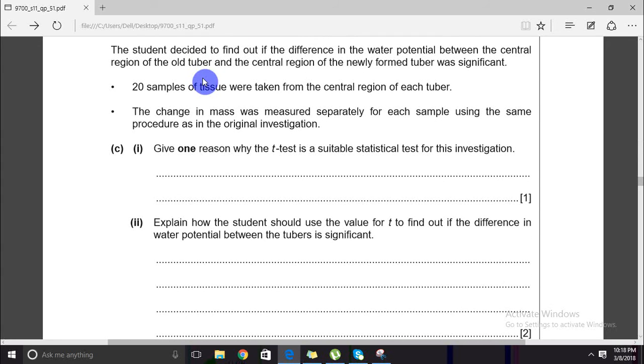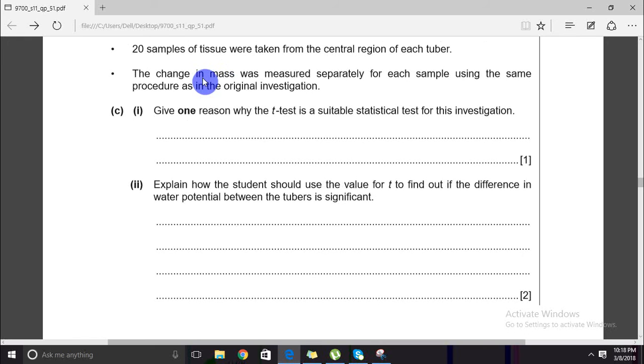Explain how the student should use the value for t to find out if the difference in water potential is significant or not. Well, the student can figure out the degrees of freedom, which will be 38 in this case, and from that, for 38 degrees of freedom, he or she can find out what the critical value is, and from that he or she can decide whether or not the difference is significant.